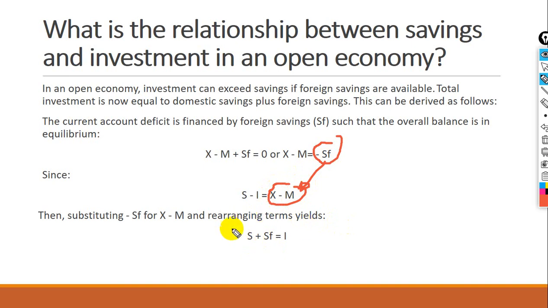After rearranging the equation, S plus SF equals I. This is domestic savings, and this is foreign savings. So if you would like to increase investment, you can increase domestic savings or foreign savings.